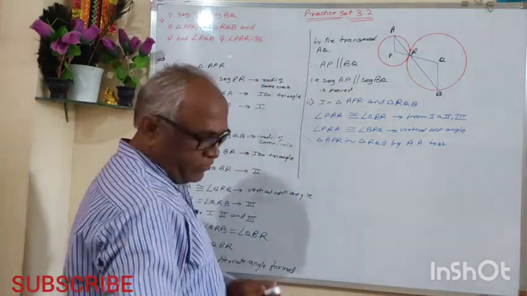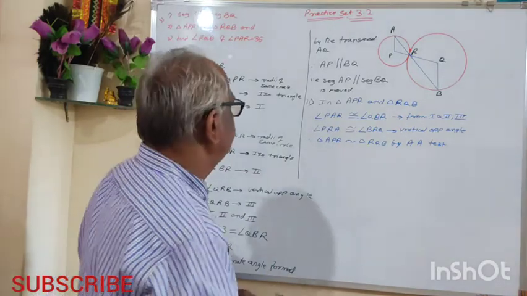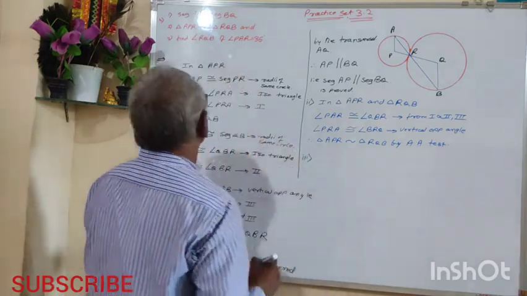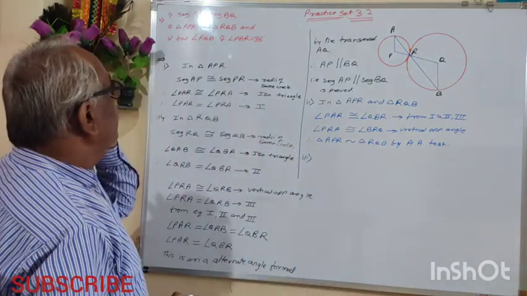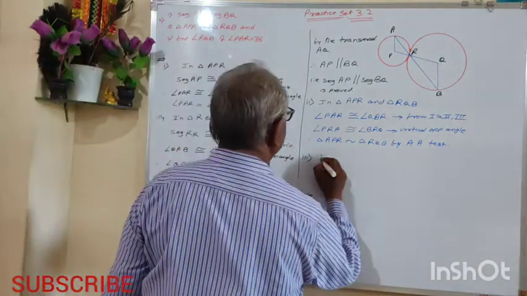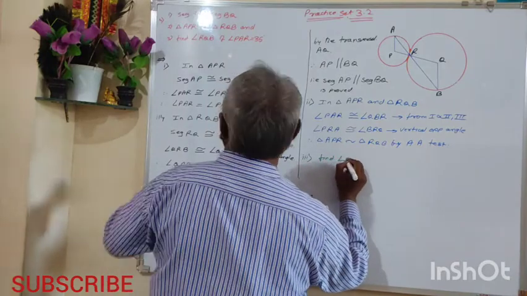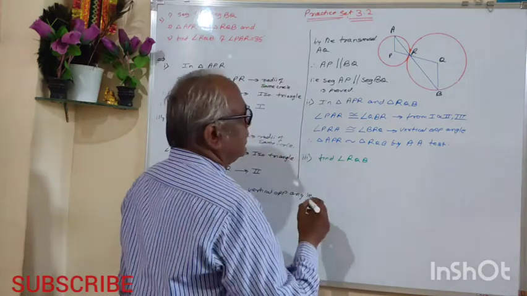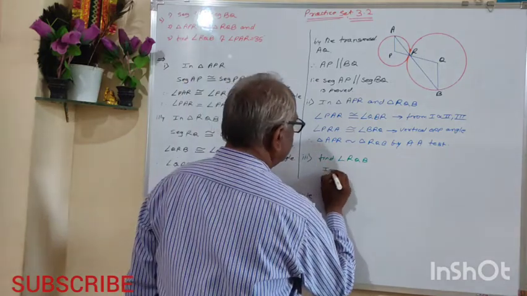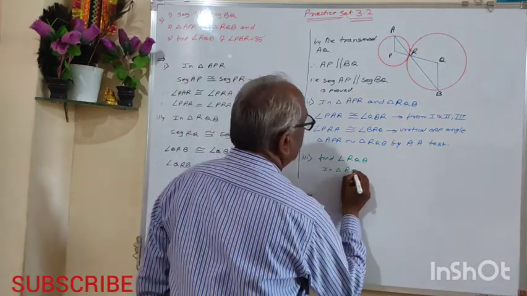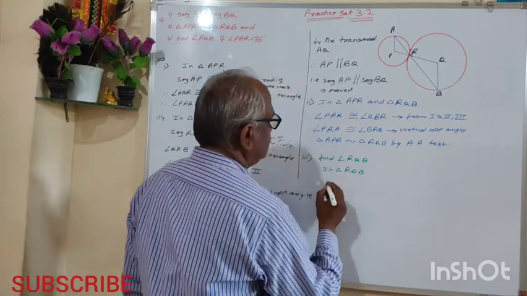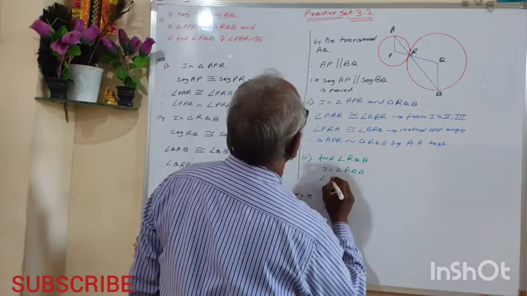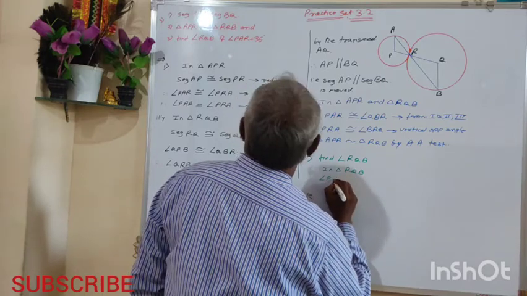Now the third part we are going to see. Third part is that find angle RQB.